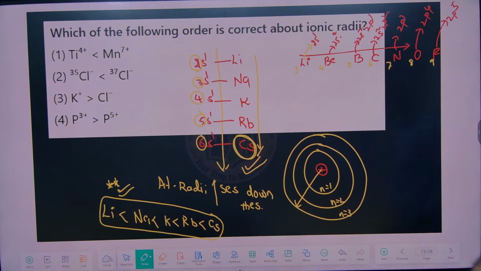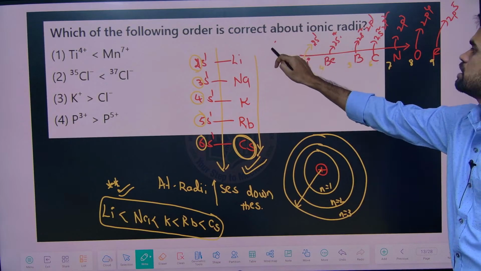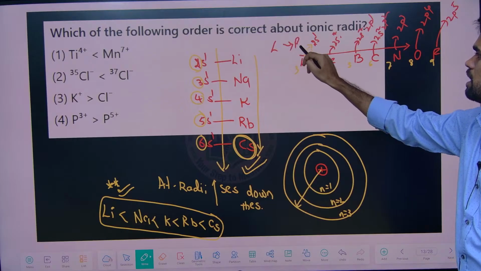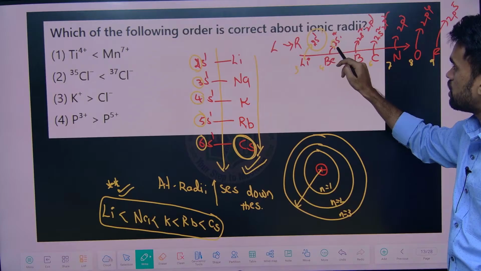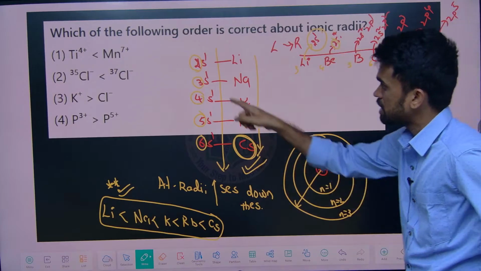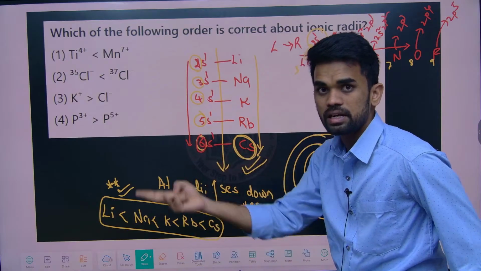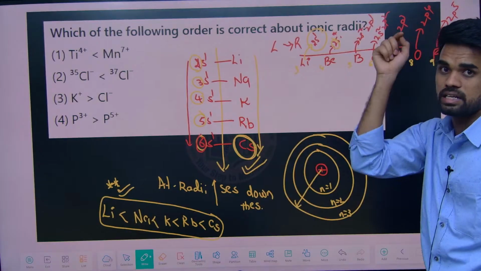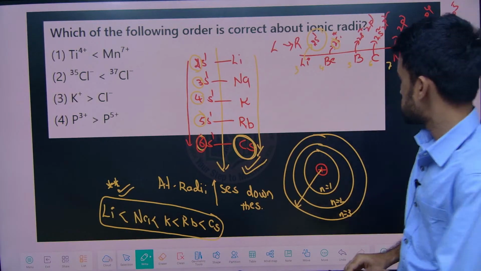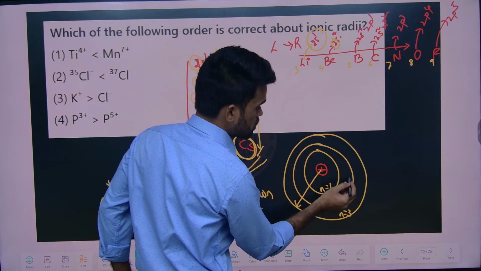So if you go across a period, left to right, the electron is entering the same shell, the same n value, the same principal quantum number. In groups the shell number increases, but in a period the newly added electrons enter the same shell number.